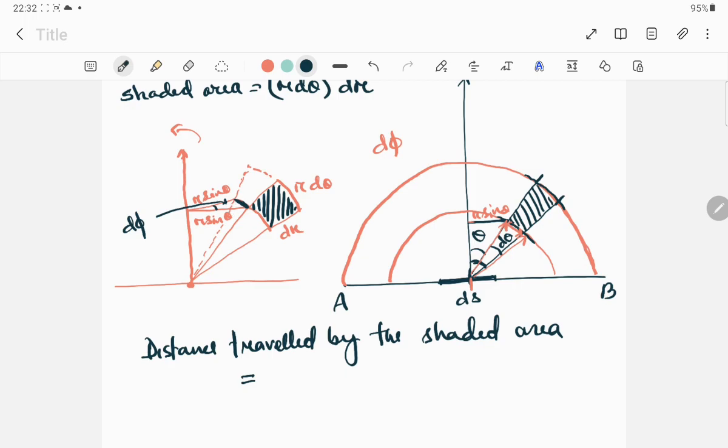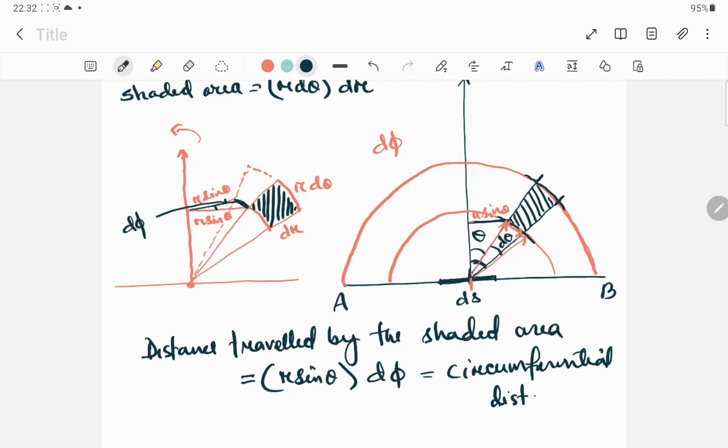If we apply the arc length concept, the radius is r sine theta and the angle is d phi. So the distance traveled by the shaded area is r sine theta d phi. That is nothing but the circumferential distance.